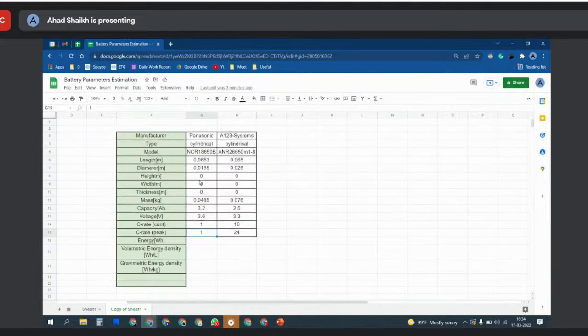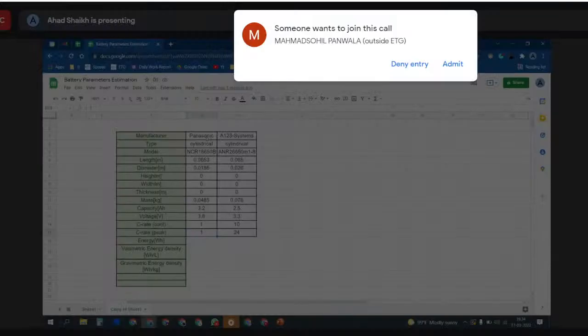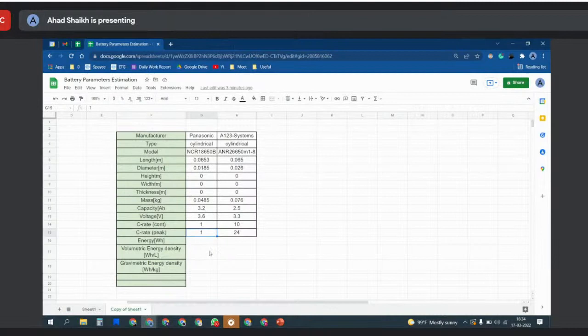These things we get from the Panasonic cell sheet, and based on that we will try to find out which has a good volumetric energy density and gravimetric density.